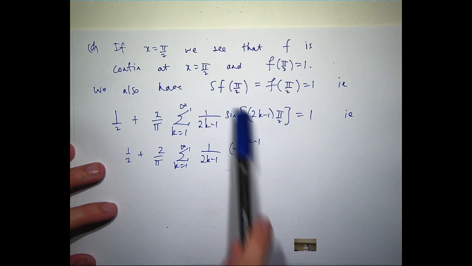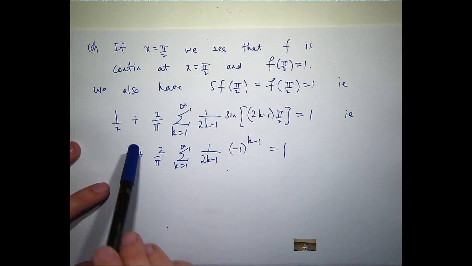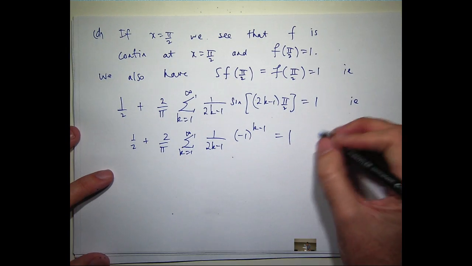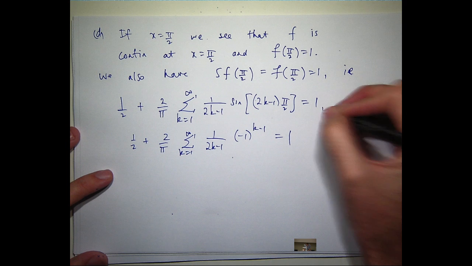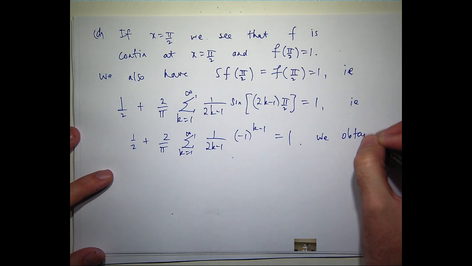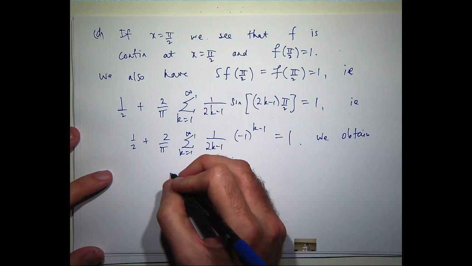I can replace sine of this with this. So all I need to do now is take the half to the other side, multiply through by pi on 2. The right-hand side is going to give us pi on 4.